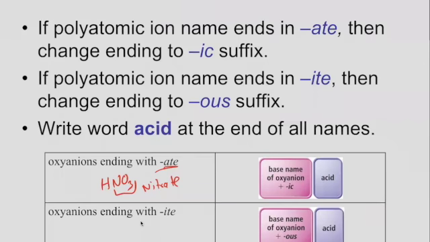But if you have something that ends in ite, you have to go back to your polyatomic ions and look what ends in ite. So for example, if I have HNO2, what is NO2? Nitrite. So the name of the acid will be nitrous acid. Notice that we do not use the word hydro in oxo acids.